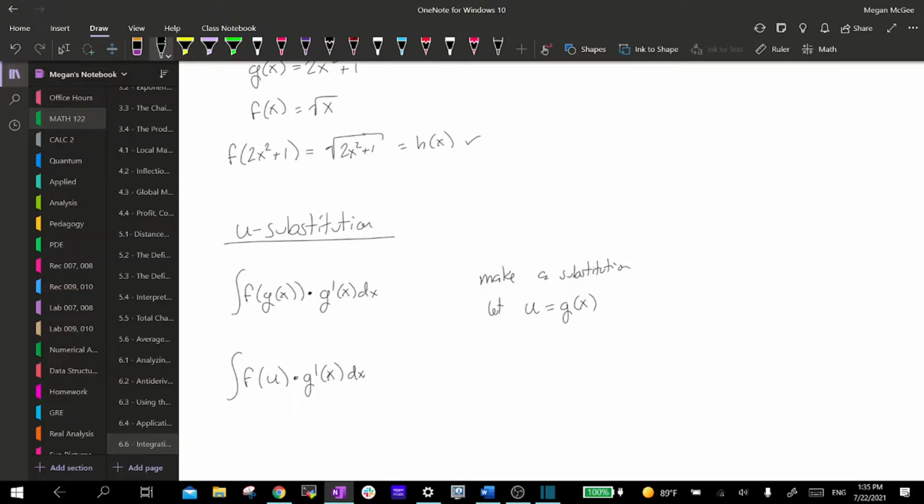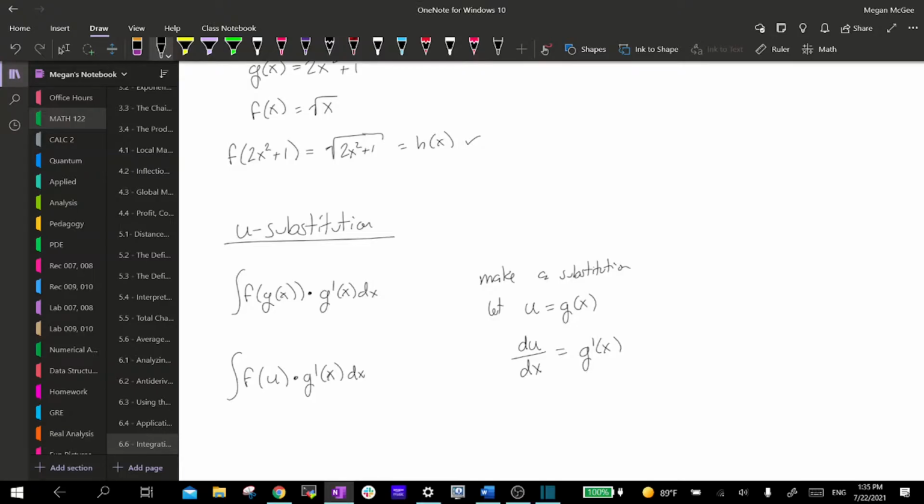We need to do one more thing. When we make our substitution, u equals g of x, we also want to take the derivative of this. We get the derivative of u with respect to x is equal to g prime of x.